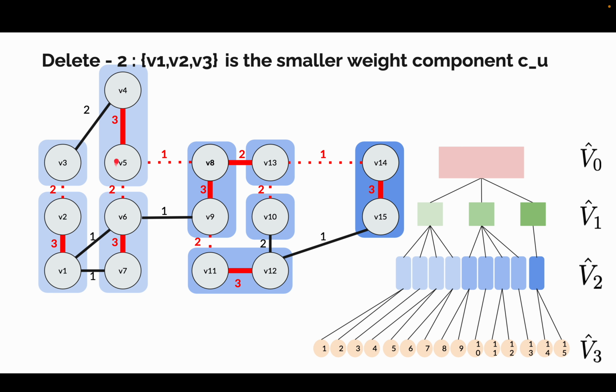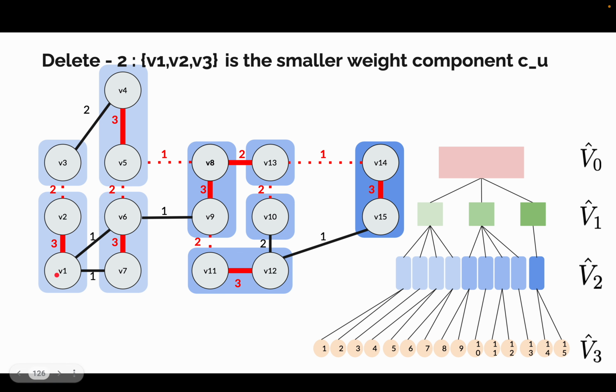And from V5, similarly, the vertices incident to it connected by at most 2 edges are 1, 2, 3, 4. So this is smaller, it only has three vertices, and this one is larger.